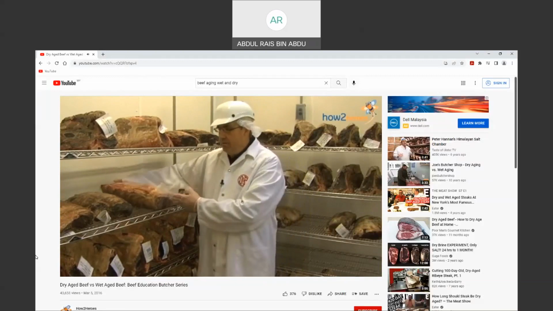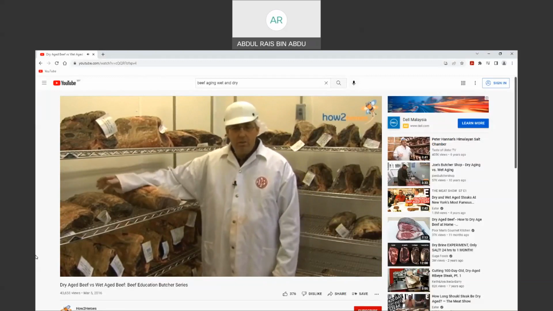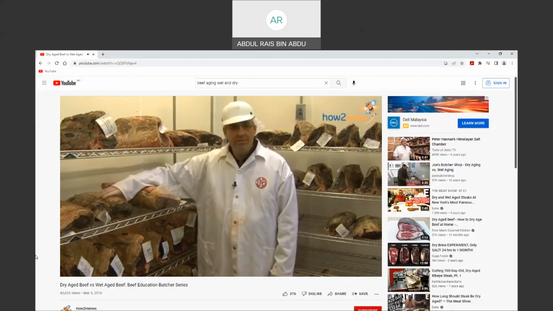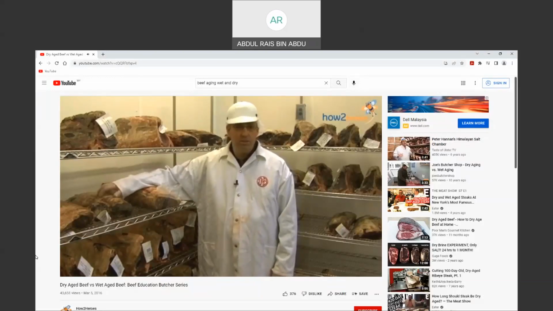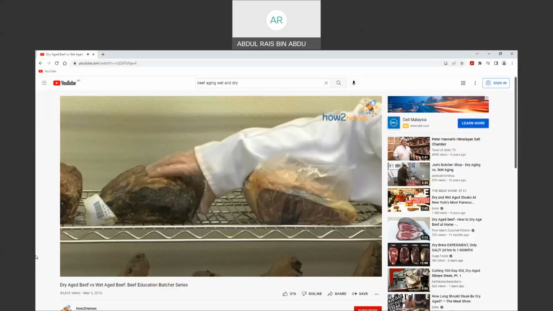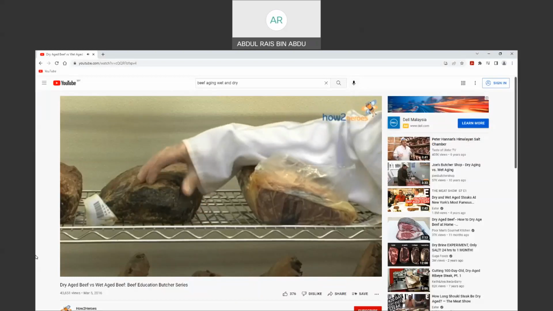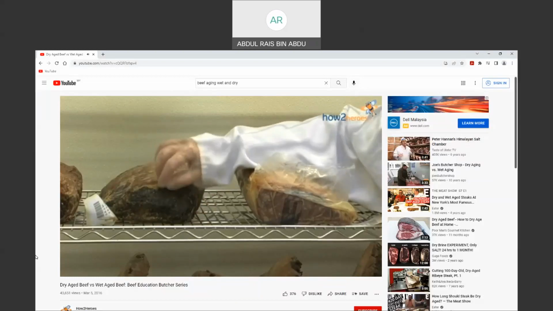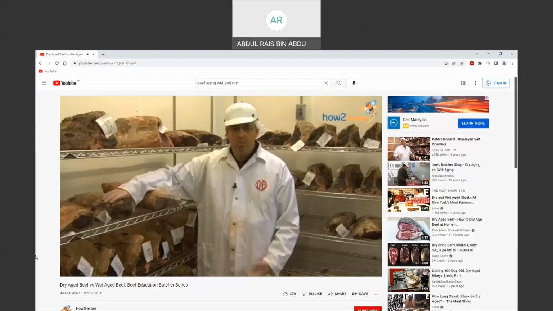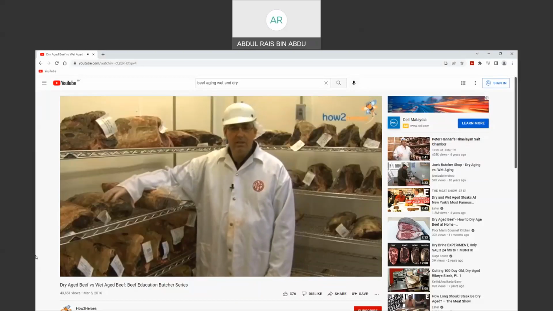The dry aging, because it's exposed to air, two things happen. Number one, the moisture leaves the piece of meat. In 28 days, you're probably going to lose 15% of the weight of the cut. And most of that weight is going to come from the lean portion, the muscle, not the fat. The fat will retain the water more than the lean will.